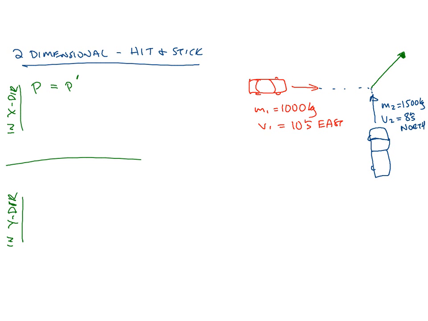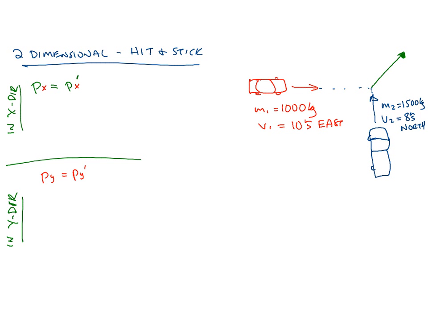This is a hit and stick, so I get to use the hit and stick formula. Some little subscripts here would keep me straight. Px equals p sub x prime, and then later on down here I'll have py equals py prime, and I only want to use the x or the y components of the velocities. So eventually we'll need to think about those and write out what that would mean.